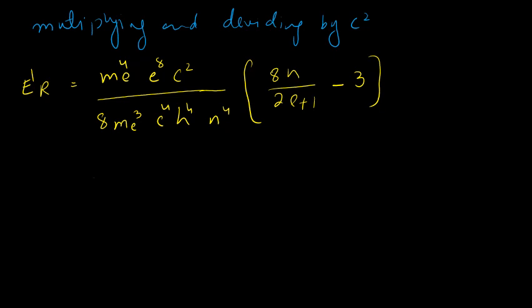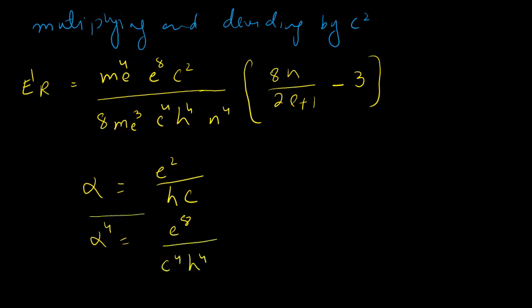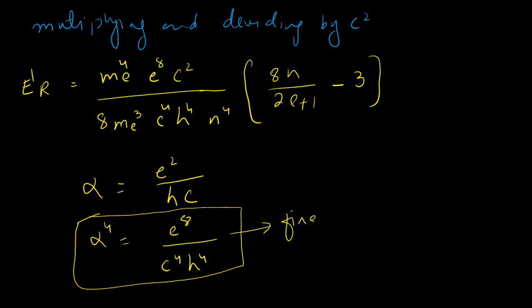Here alpha is equal to e squared divided by h bar c, and alpha^4 will be equal to e^8 divided by c^4 h bar^4. As we have already calculated in our previous lecture, alpha is the fine structure constant. It is also called the fine structure constant.